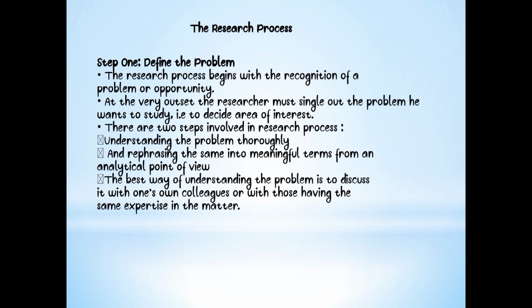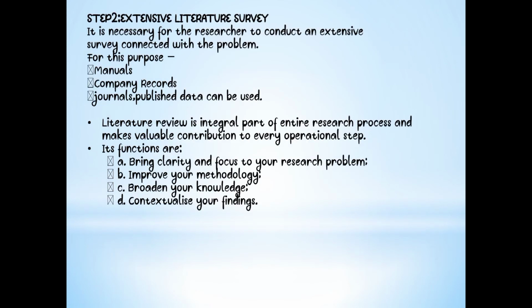Extensive literature survey. Now you understand your problem and you have discussed it with people in that field or your fellow colleagues, so you do some literature survey. It is necessary for the researcher to conduct an extensive survey connected with the problem.